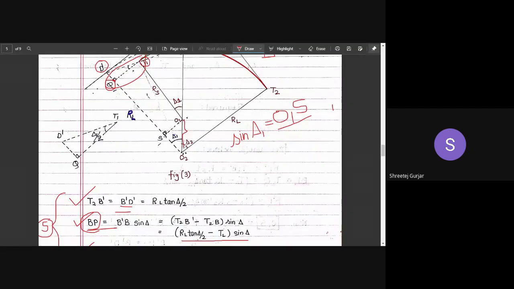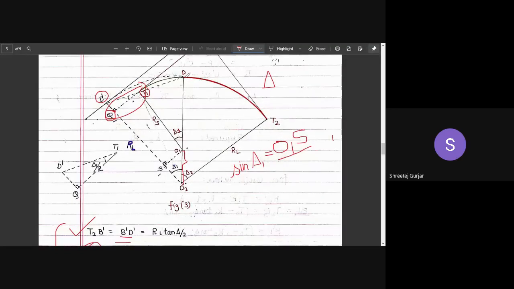So what is O1, O2? O1, O2 is nothing but the whole length, which is RL, radius of the longer curve, minus radius of the shorter curve, RS. So I will write directly RL minus RS.